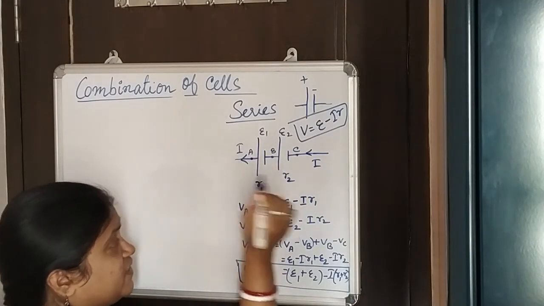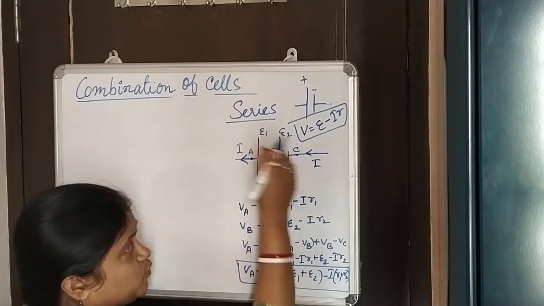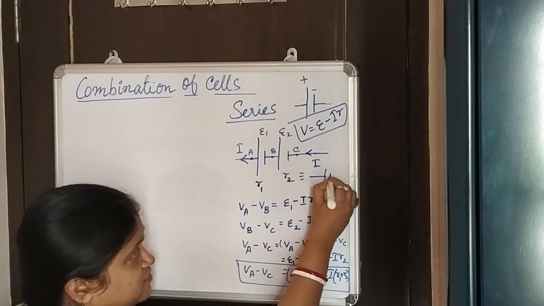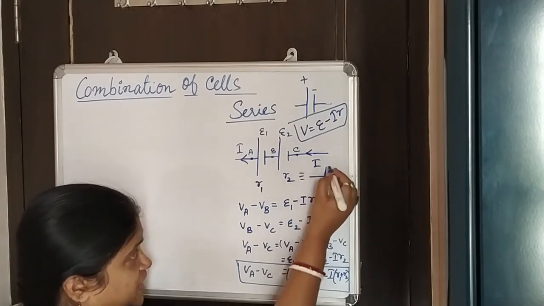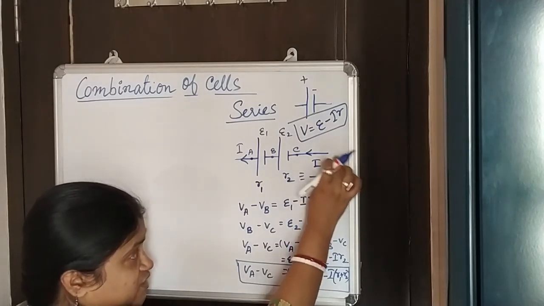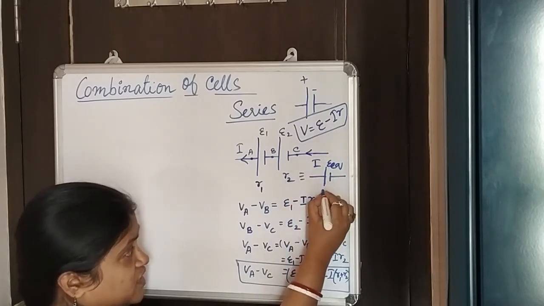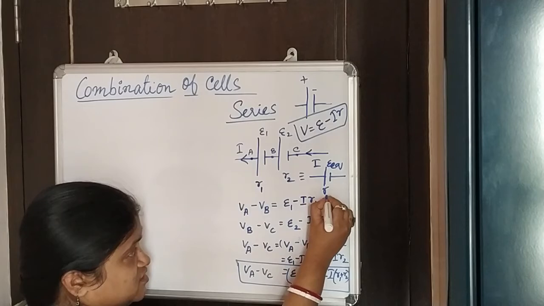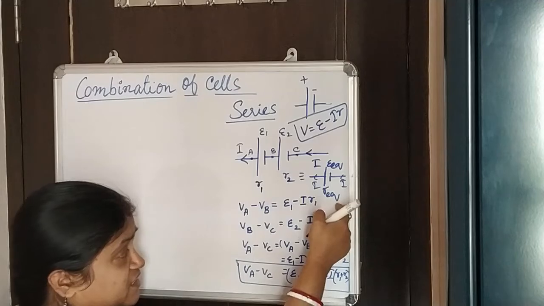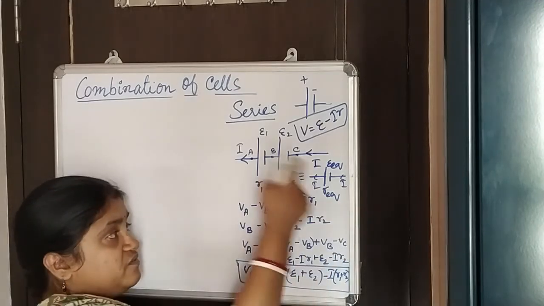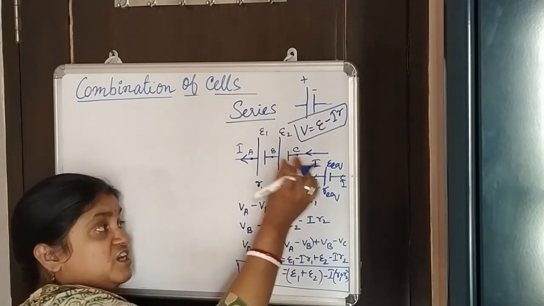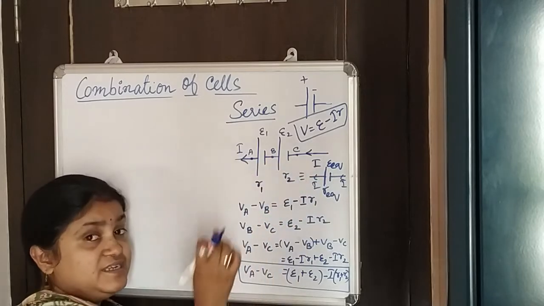Now let's take an equivalent circuit, with an equivalent cell having equivalent EMF E_eq and equivalent internal resistance R_eq, with current I flowing. Here we are trying to represent the combination with an equivalent cell.